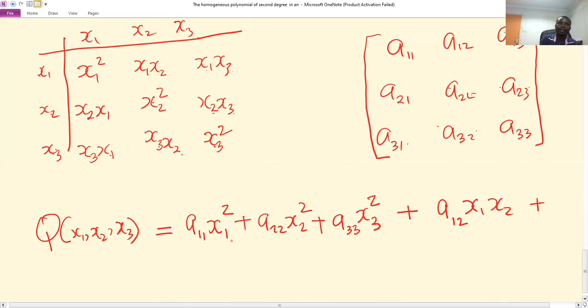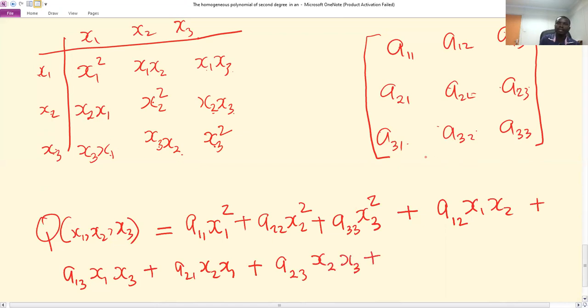The position here is A13 x1, x3. The position here is A21. So A21 x2, x1. This we have already written. And then the position here is A23 x2, x3. The position here is A31. So you write A31 x3, x1 plus the position here, this we have already taken care of, A32 x3, x2.